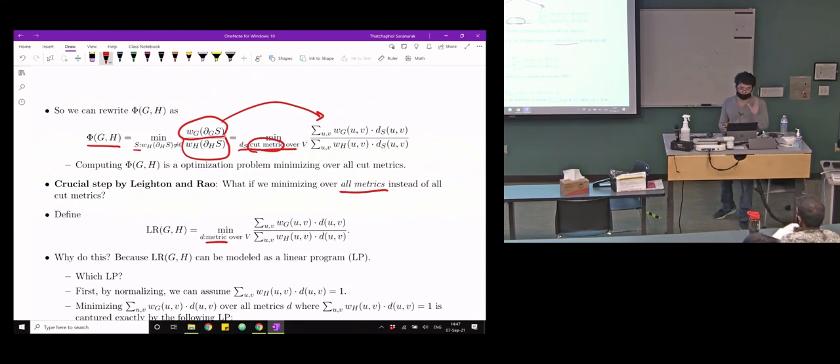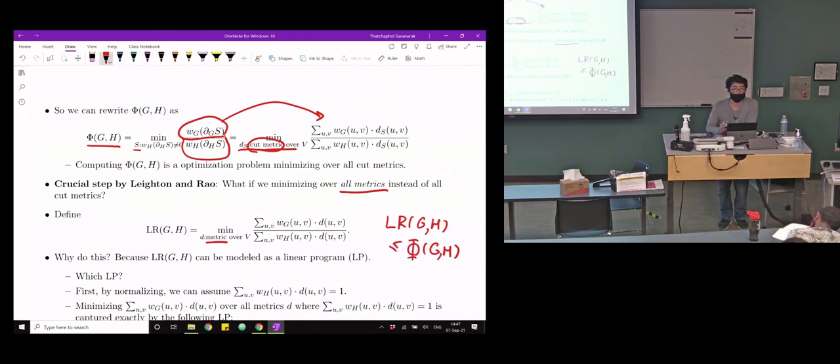And that is the relaxation. So, by the way, what does it mean? It means that the Leighton-Rao relaxation here must be at most this, right? You're minimizing over a bigger set.